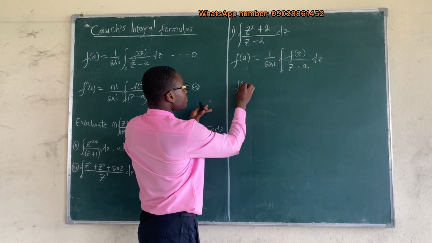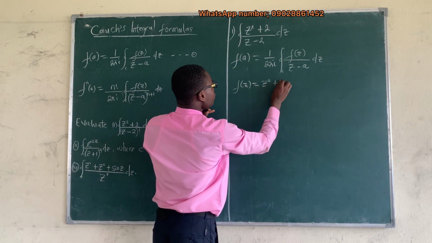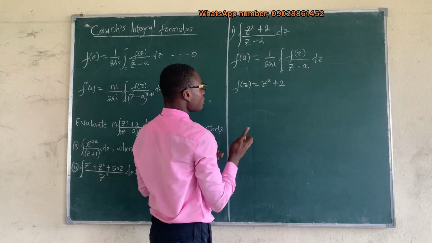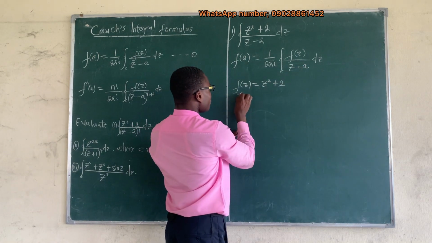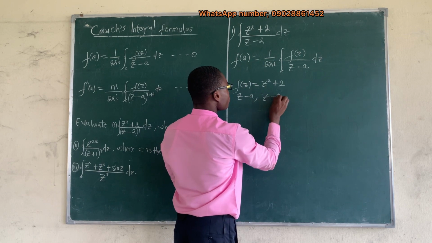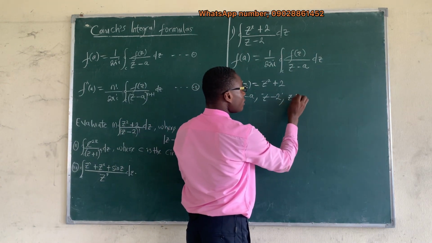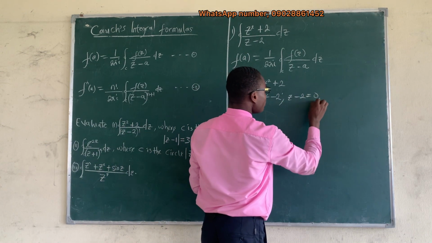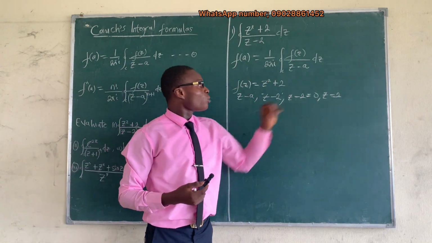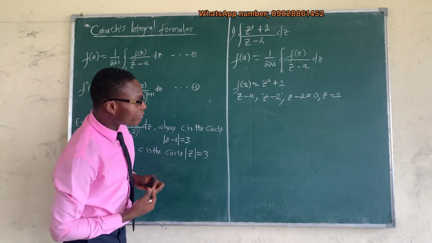You see that f of z is equal to z squared plus 2, and z minus a is the same thing as z minus 2. So this implies that the singular point is z minus 2 equal to 0, so that z will be equal to 2. So the singular point there is z equal to 2 because if you put in 2 here, you get 0, and anything divided by 0 is undefined.